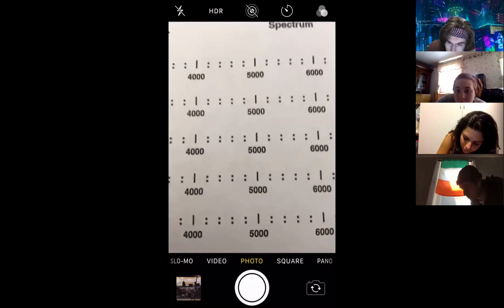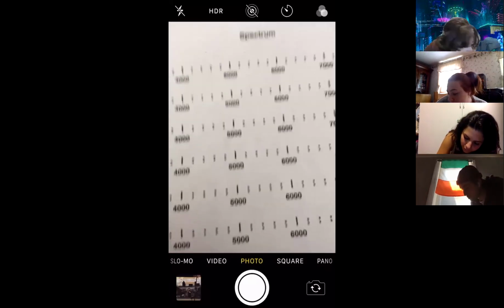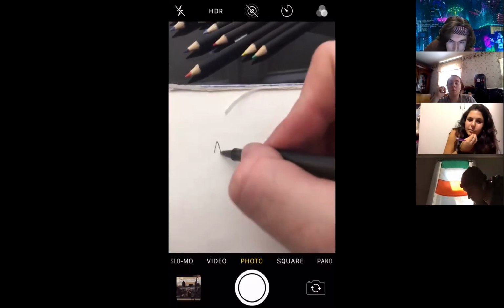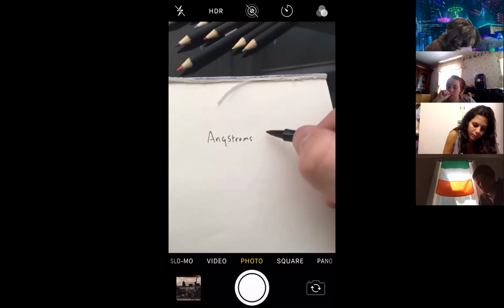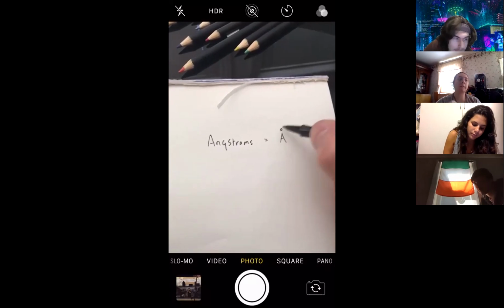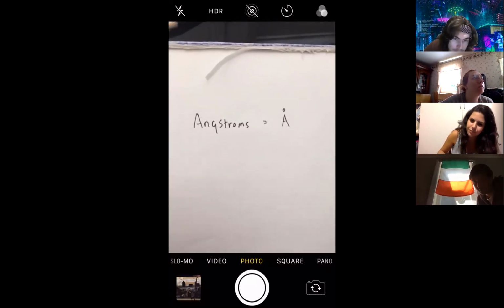Now, I'd like to point some things out. Do you guys see your chart here? The chart uses an old-fashioned unit called angstroms. Angstroms have the symbol of an A with a circle over it.